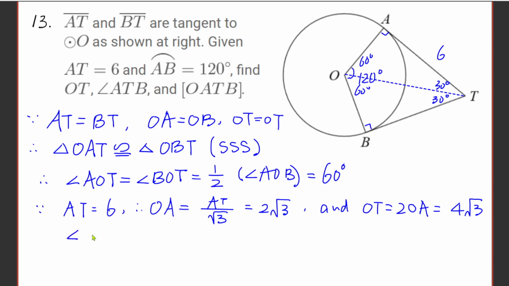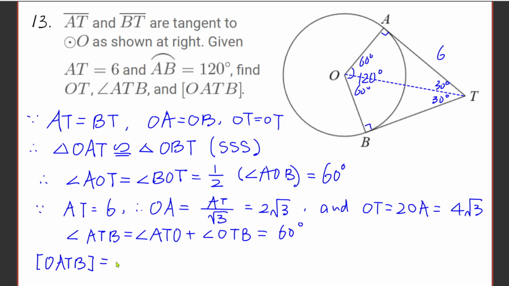And we also have angle ATB equals angle ATO plus angle OTB, which gives us 6 degrees. And finally, we have the area of OATB is area of triangle OAT plus area of triangle OBT.